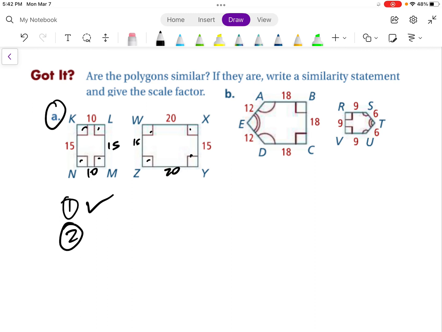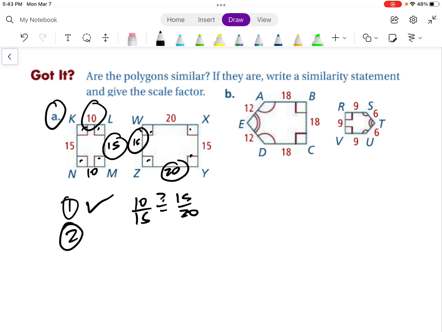So what I want to do to show that they're proportional is to compare their ratios. So I'm going to take the two short sides. I got the 10 and the 15 are the short sides, and set up a ratio. And the question is, does that equal the ratio of the two longer sides, 15 and 20? If those two ratios come out to be equal, then we say the sides are proportional, and we can check off the second thing, and they would be similar.